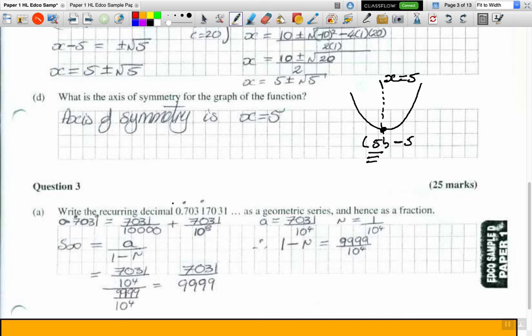So what we're looking at here is this set of numbers which are clearly repetitive. 7031 is the repetitive part.